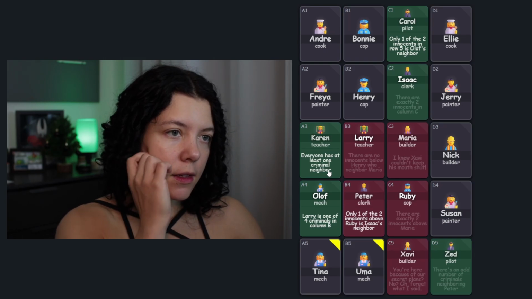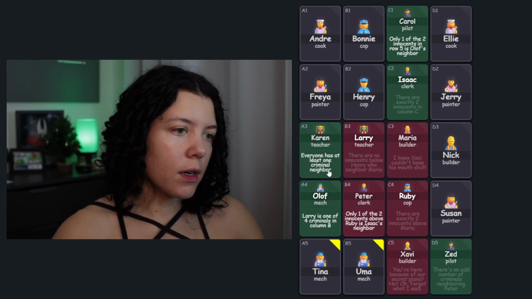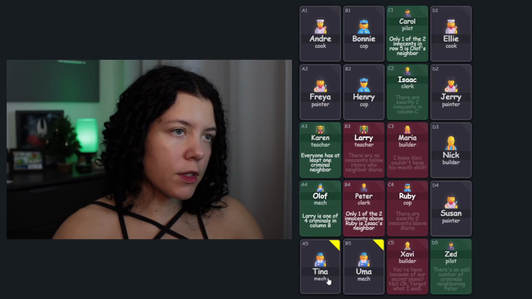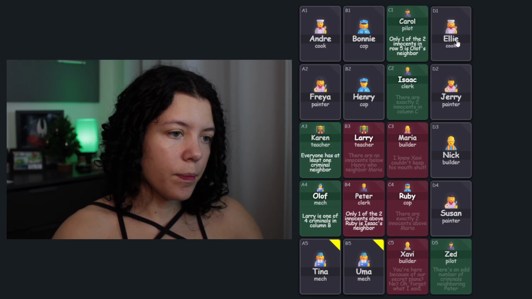So far, everyone has 1 criminal neighbor except for Carol. So if we think about Carol and the fact that there's 2 innocents in column B, that doesn't mean that Carol couldn't have a criminal neighbor here, right?